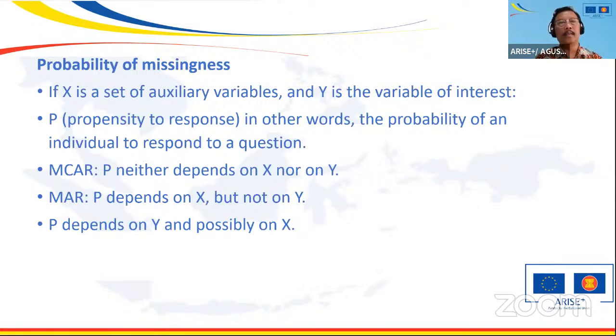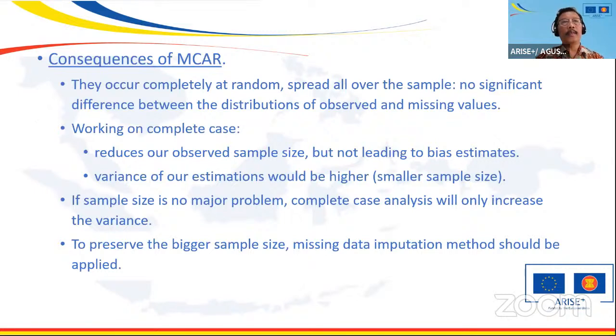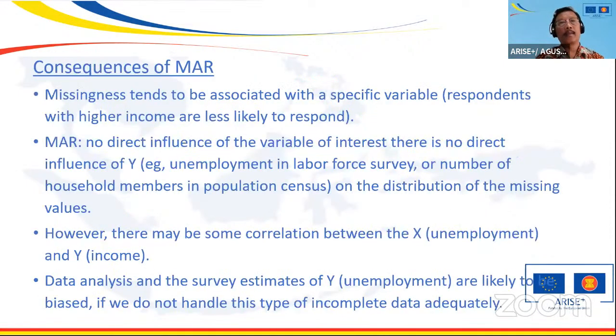This is just another way of explaining the consequences I mentioned. The MCAR is only related to the variance, and the estimate is unbiased. But the MAR estimate can be unbiased if you impute it with a proper method.